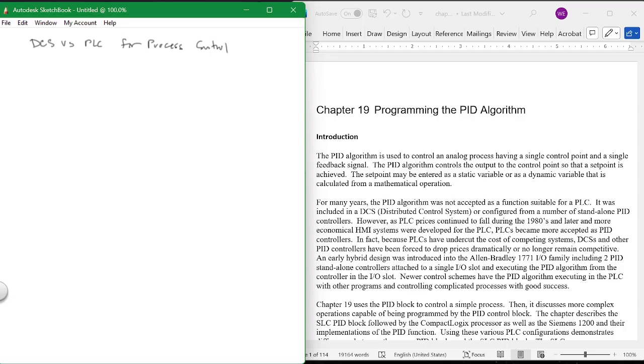Typically, a DCS system is kind of the hub system, and around it there are various PLCs that do various other tasks. So a DCS system would be a DCS, and then various PLCs doing various subtasks. So you'd have PLCs communicating, and that would be the typical DCS system, okay?